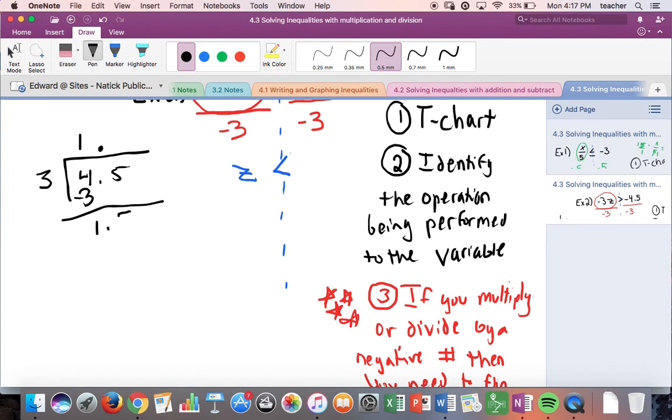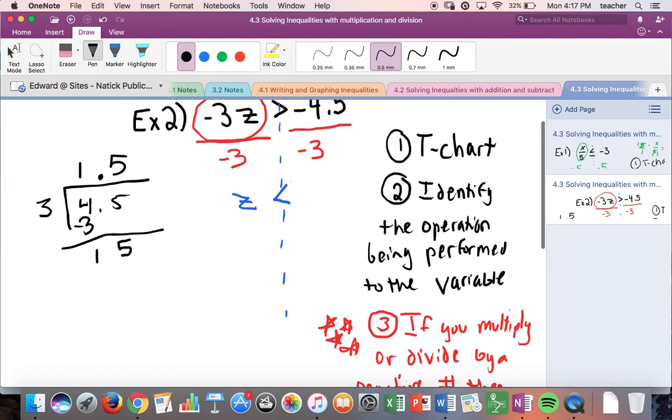This gets me 1.5, but actually I want this to be just 15. 3 can go into 15 5 times.